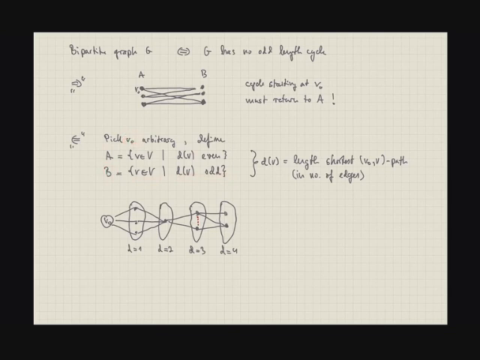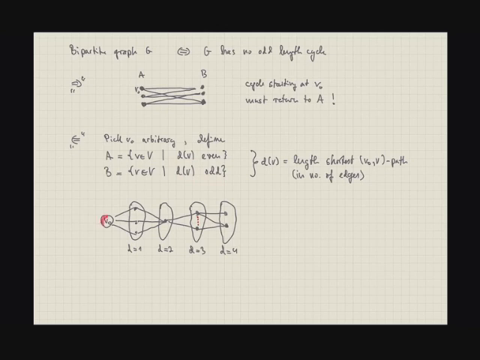Here d of v refers to the length of a shortest path in terms of the number of edges. Now, why is this going to be a valid bipartition? Let us consider the algorithm that actually computes these shortest path distances in terms of the number of edges, and that is exactly breadth first search.